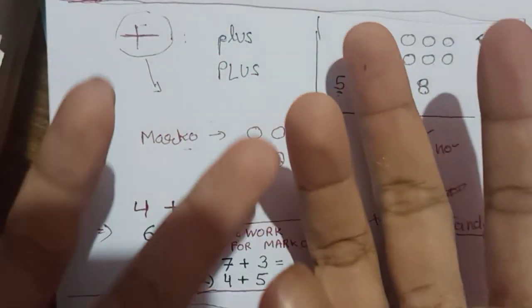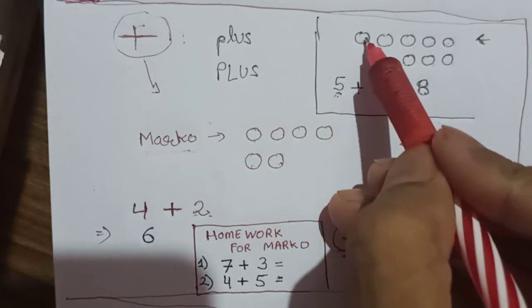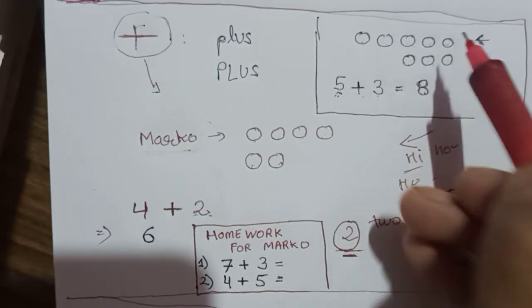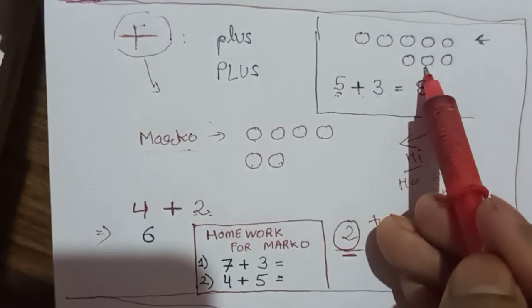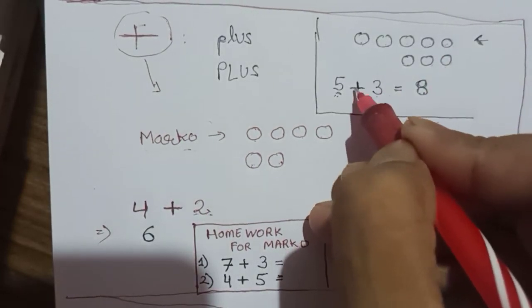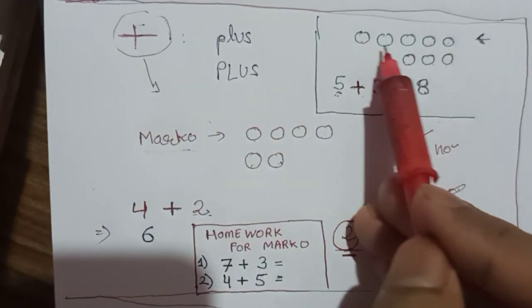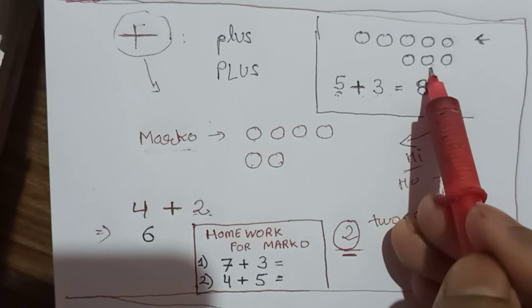You can do it with fingers also, or you can do it like this. Like for 5 you can write 1 2 3 4 5. For 3 you can write 1 2 3. And when there is this plus sign, for addition, you can count all together: 1 2 3 4 5 6 7 8.